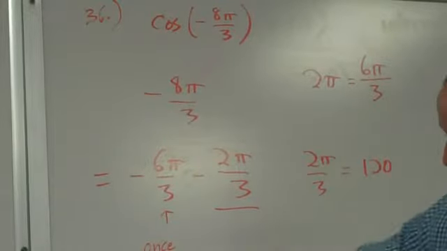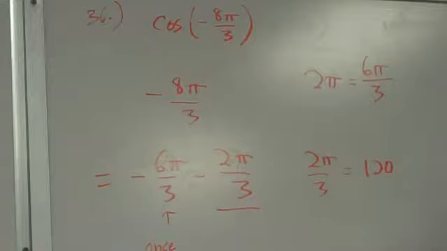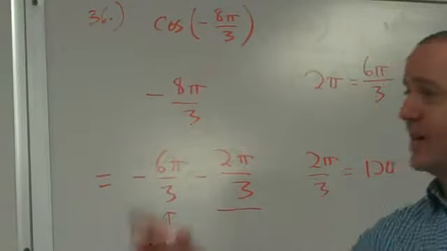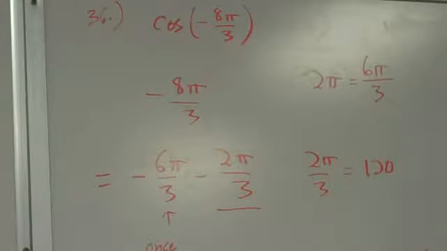In quadrant 3, is the cosine positive or negative? Negative, yeah, correct, because quadrant 3 is where x's are negative and x is the cosine. So cosine negative 8 pi over 3 is the same thing as the negative of cosine 60 degrees.